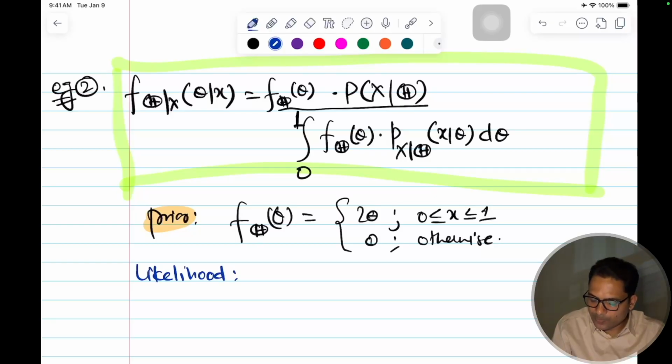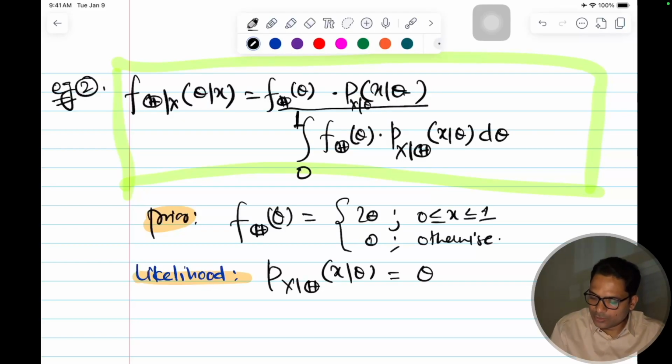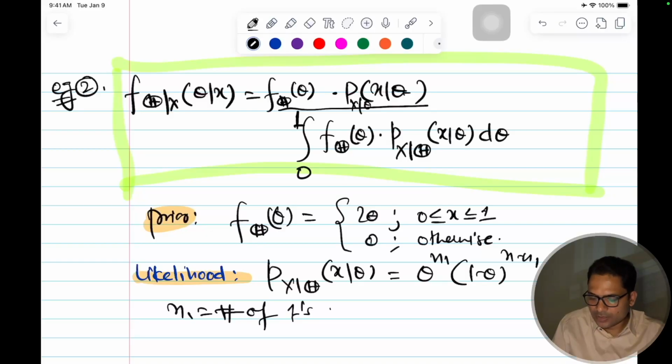Likelihood is P of x given theta, which is equal to theta to the power n1, times 1 minus theta to the power n minus n1, where n1 is the number of ones in n trials.